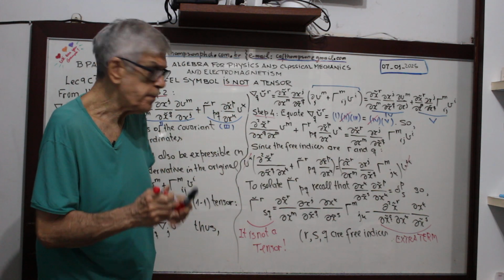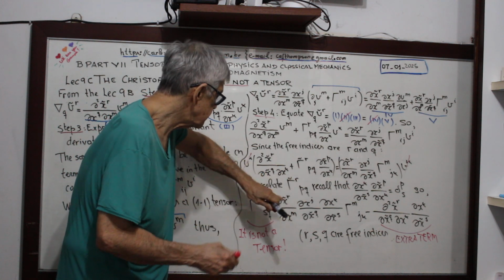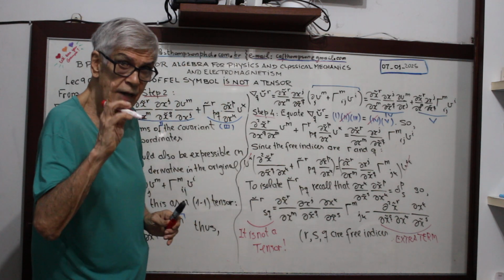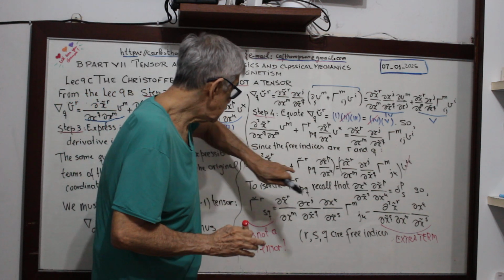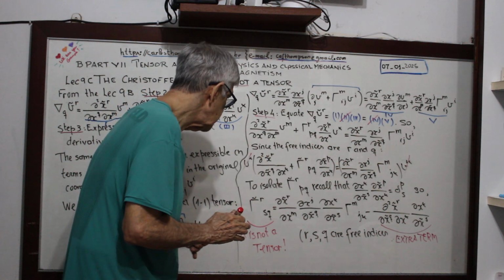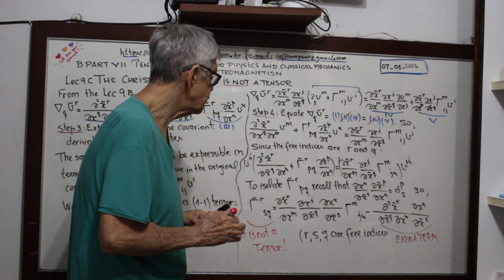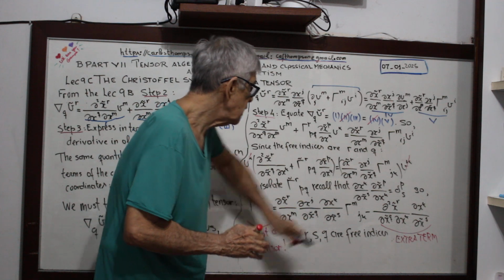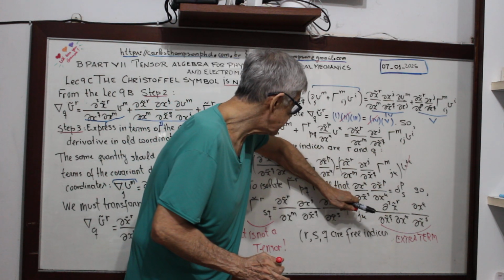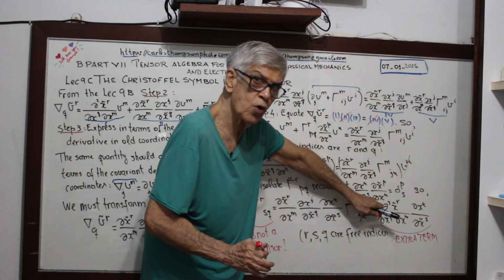Now, the next step is to isolate gamma tilde, in this case the Christoffel symbol R, PQ. But attention, there is a term that multiplies this gamma. So I have to use the property of the Jacobian. These are the Jacobian J, and this is the inverse of the Jacobian.